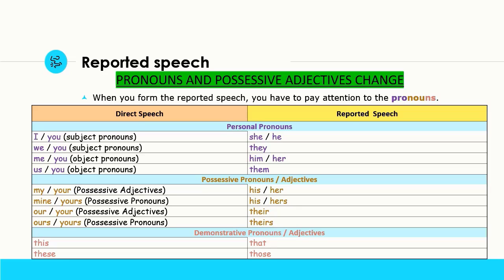Note, for example, that when changing from direct speech to reported speech, first-person pronouns like I, me, my, our normally change to the third-person pronouns like he or she, him or her, his or her, their, and so on. Another example is demonstratives. This changes to that, and these changes to those. Because let's say whatever you're talking about isn't there with you anymore when you change the time and place.